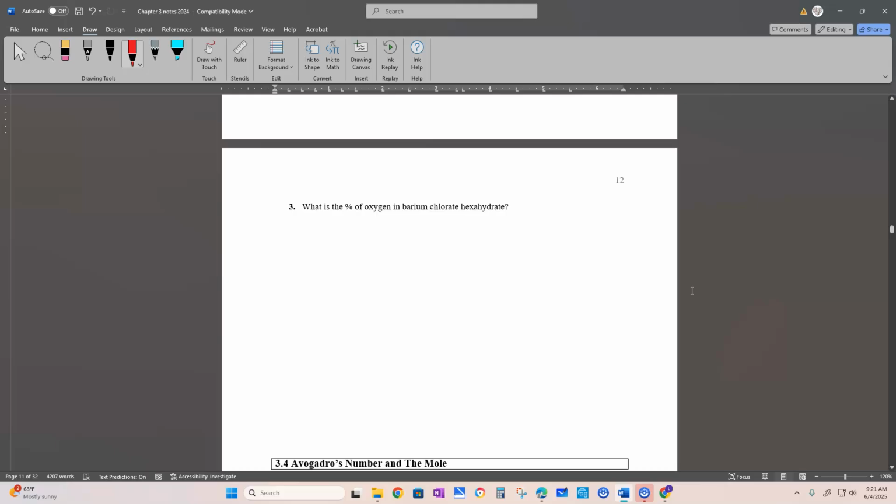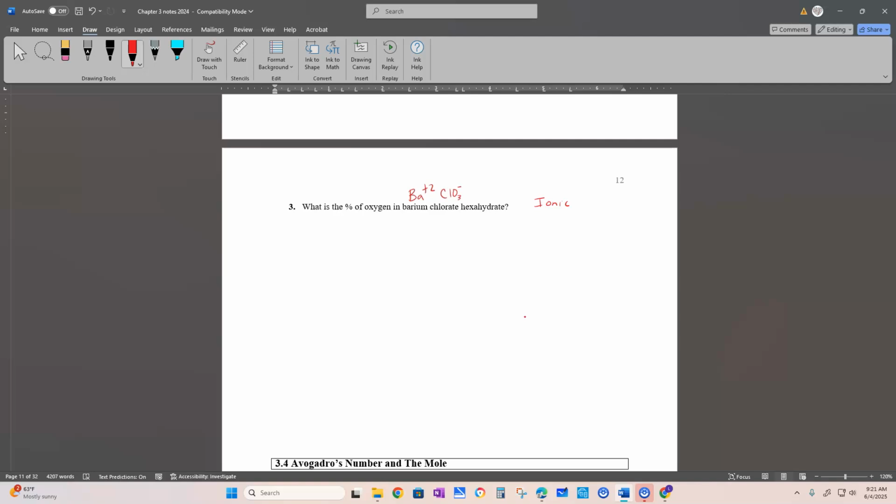And let me show you one more example. This is called a hydrate. So calculate the percentage of oxygen in barium chlorate hexahydrate. So barium +2. Because this is an ionic compound, I see a metal and a polyatomic. Chlorate, ClO3 -1.